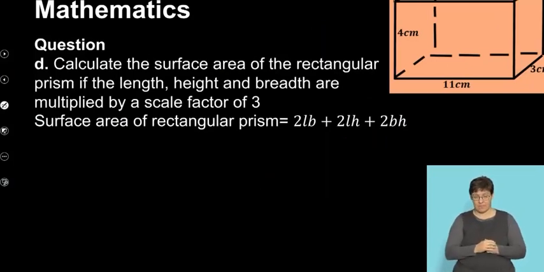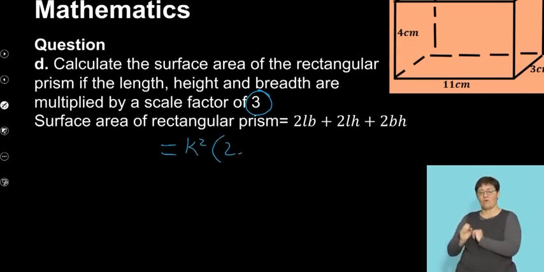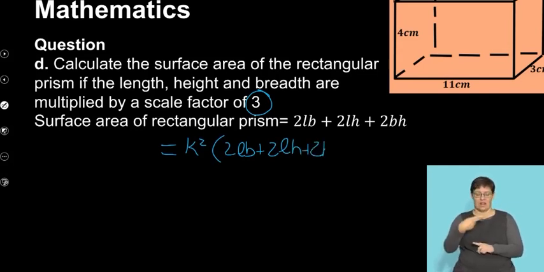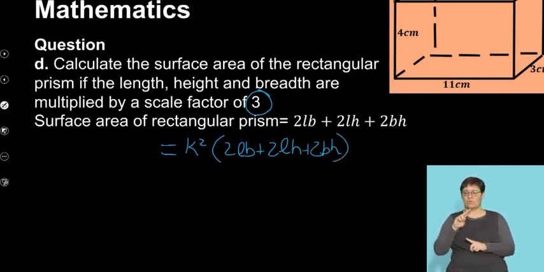So we are now going to calculate the surface area of the rectangular prism if the length, height, and breadth are multiplied by a scale factor of 3. Just a reminder of what we said, the influence of the scale factor on the surface area: the scale factor squared multiplied by the surface area will give me the new surface area.